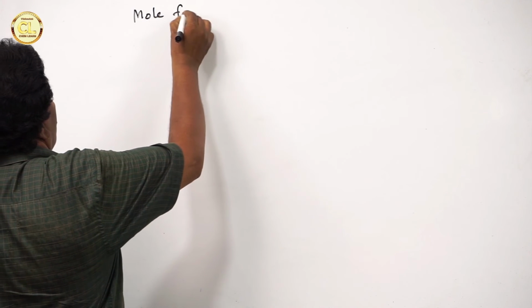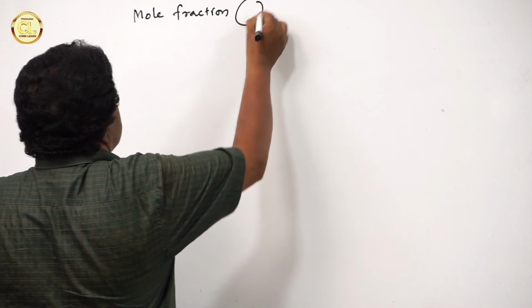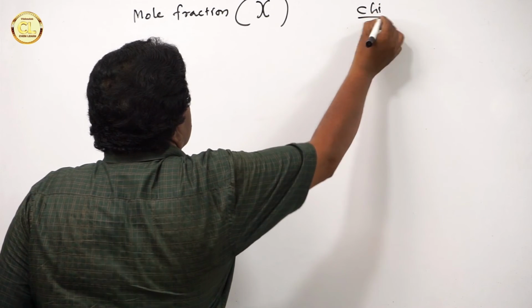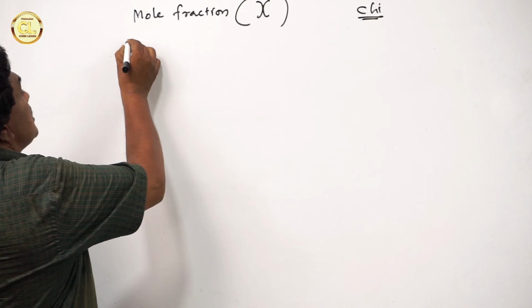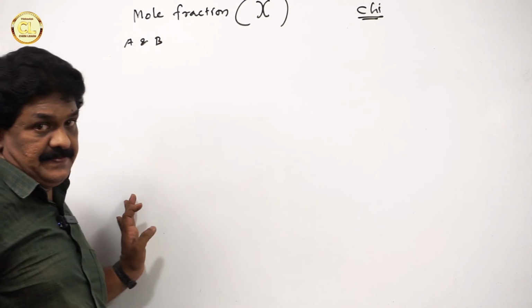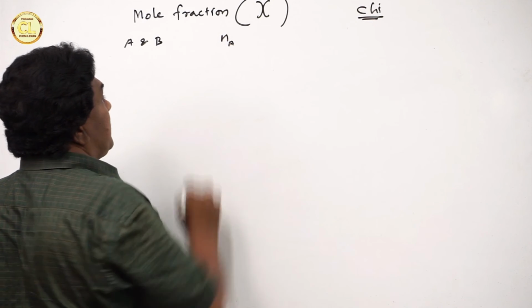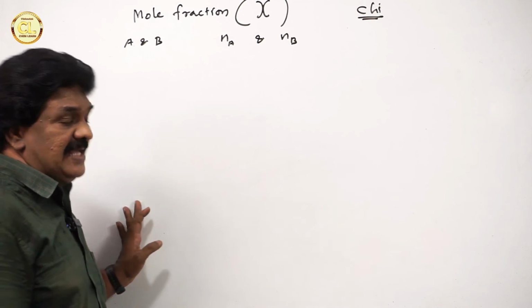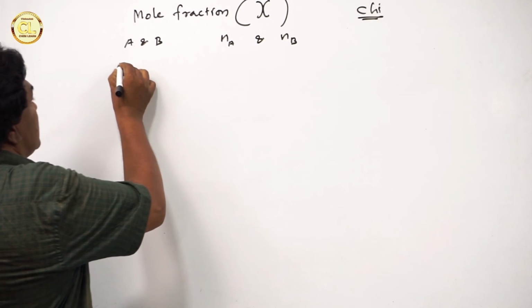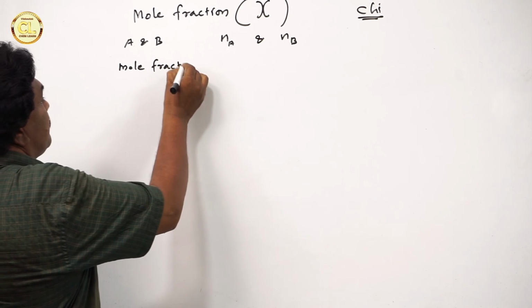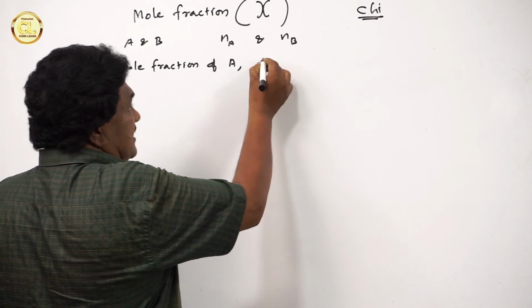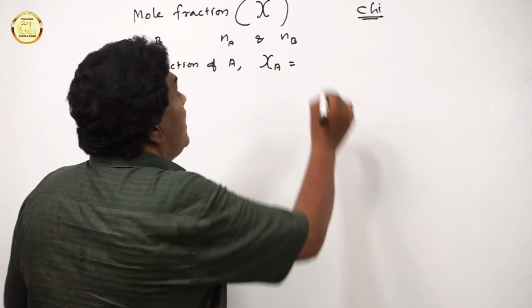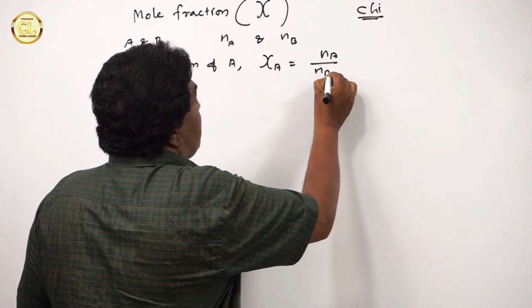Let us learn a new term called mole fraction. Consider a solution containing 2 components, A and B. Let Na be the number of moles of A and Nb be the number of moles of B. Then mole fraction of A, chi A, is equal to Na by Na plus Nb.